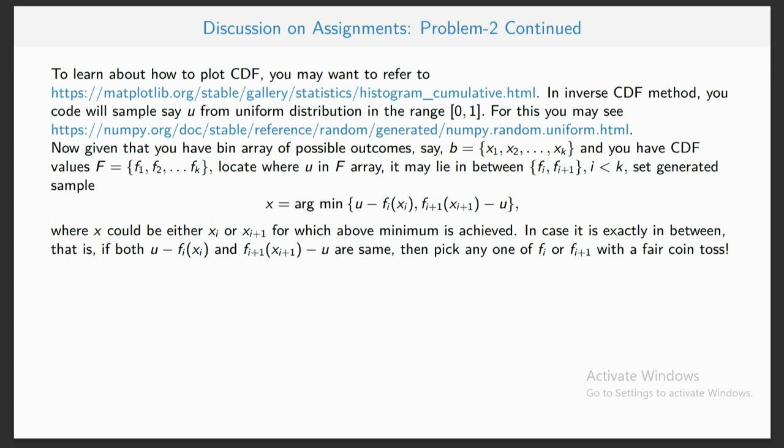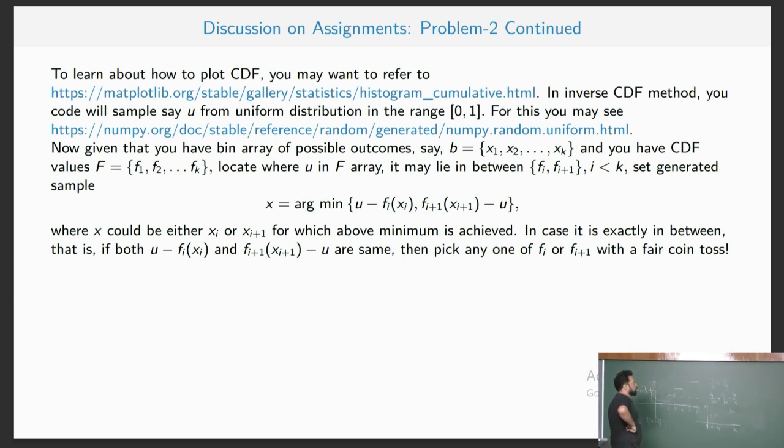Once I know where it goes in the bin, I'm looking at argmin. So argmin says for which of the x_i's, and in this case there are only two options, the minimum is achieved: x_i or x_(i+1).